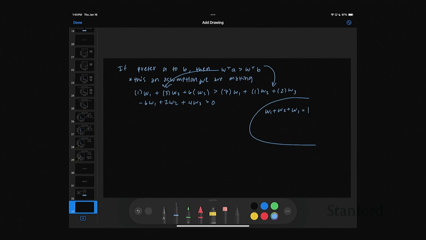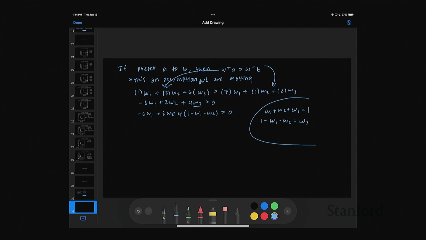So what we can do is manipulate this a little bit to say that 1 minus W1 minus W2 is equal to W3. And so I'm just going to insert that in here. So we get minus 6W1 plus 2W2 plus 4 times W3, which is, we're going to put in 1 minus W1 minus W2, is greater than 0.